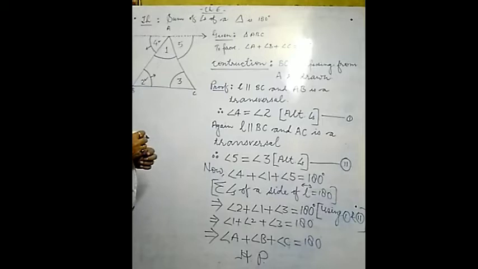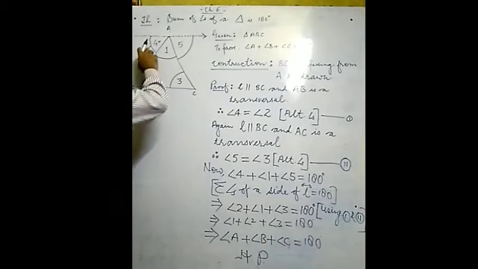How can you identify? The direction of this angle is this direction and this one is just opposite. If opposite directions are there, they are called alternate angles. We know that when two parallel lines are intersected by a transversal, alternate interior angles are equal. So angle 2 equals angle 4.